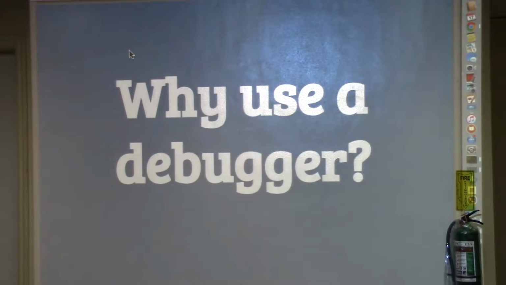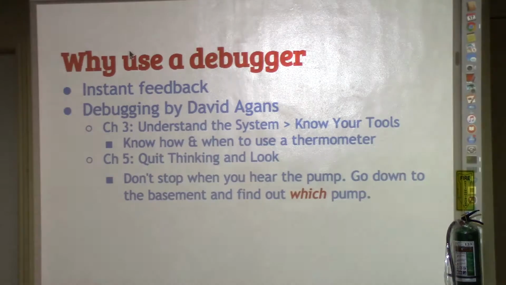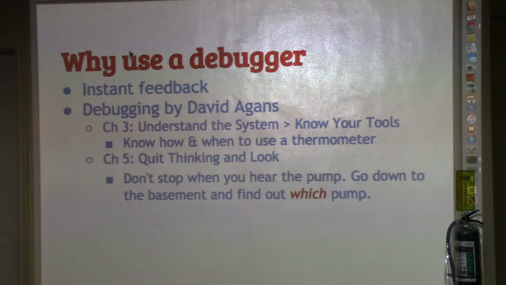So first, why do we need to use a debugger? First is instant feedback, as versus, say, if you're going to put puts everywhere and run your Rails app or Ruby app. You could just dive into the code and be intimate with it. Also, there's this book called Debugging by David Agans.